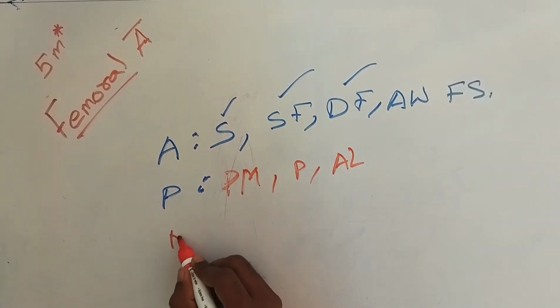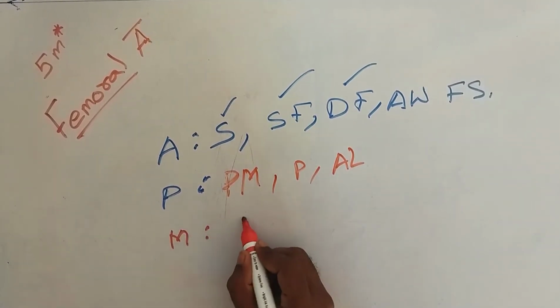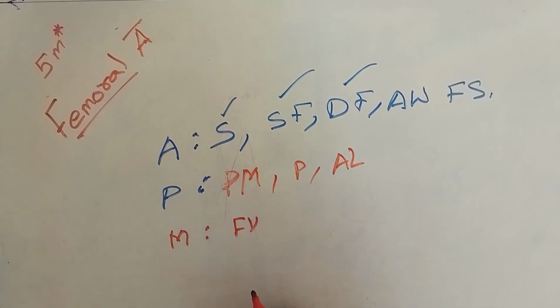At the medial side we can see the femoral vein, and at the lateral side the femoral nerve. These are the relations of this femoral artery.